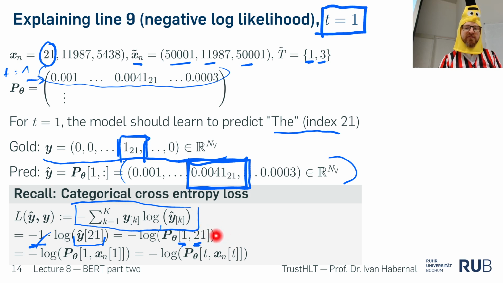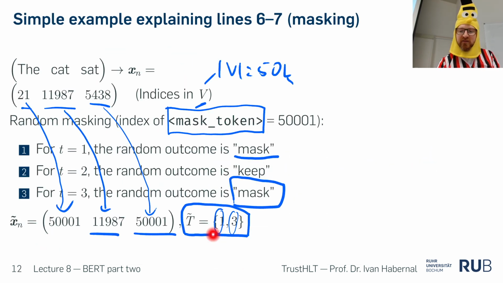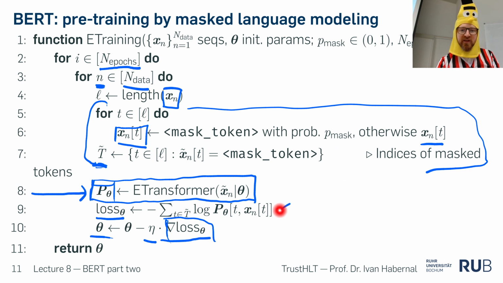This is the final computation, and we can turn it into this generic formula: we take a minus logarithm of the entire matrix coming out of BERT at position t and at the input for the position t. So this basically explains the formula, but it's nothing else than just a cross entropy.